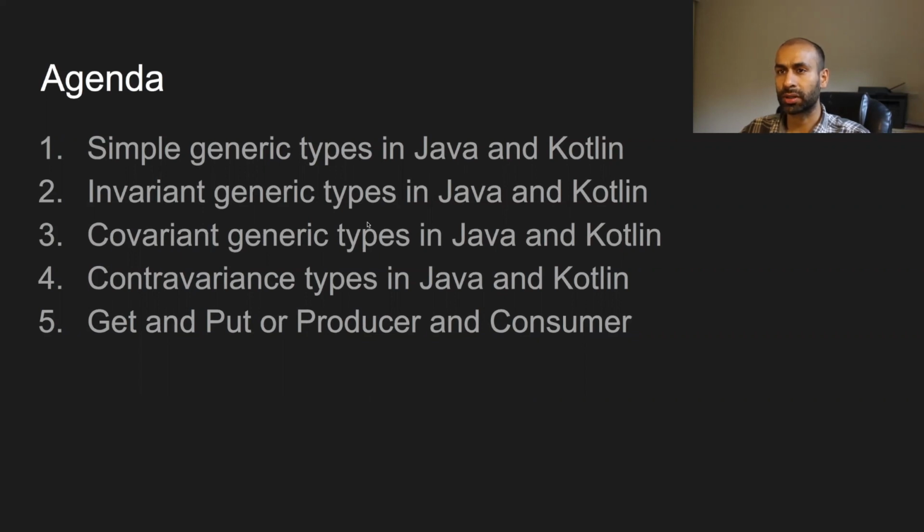Whenever we are using covariant types or contravariant types, we mostly use them in the context of producers and consumers. So we'll try to understand when to use covariant types and when to use contravariant types. Again, a lot of these concepts are the same between Java and Kotlin, so we'll look at the code in both Java and Kotlin.